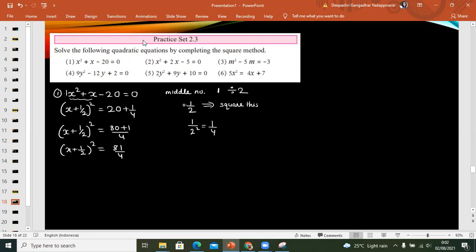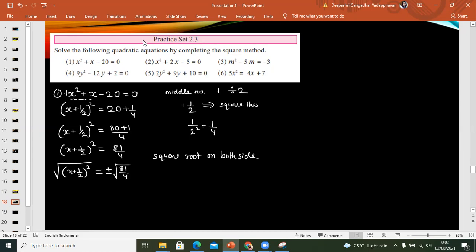Now the next step is to put the square root sign on both sides. So we will get x plus 1 by 2 whole square equals plus or minus square root of 81 divided by 4.